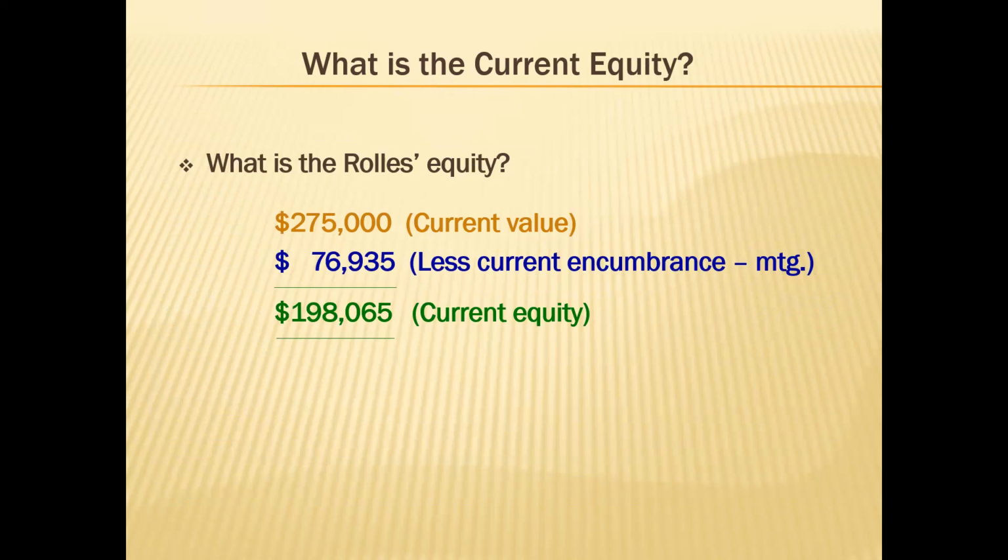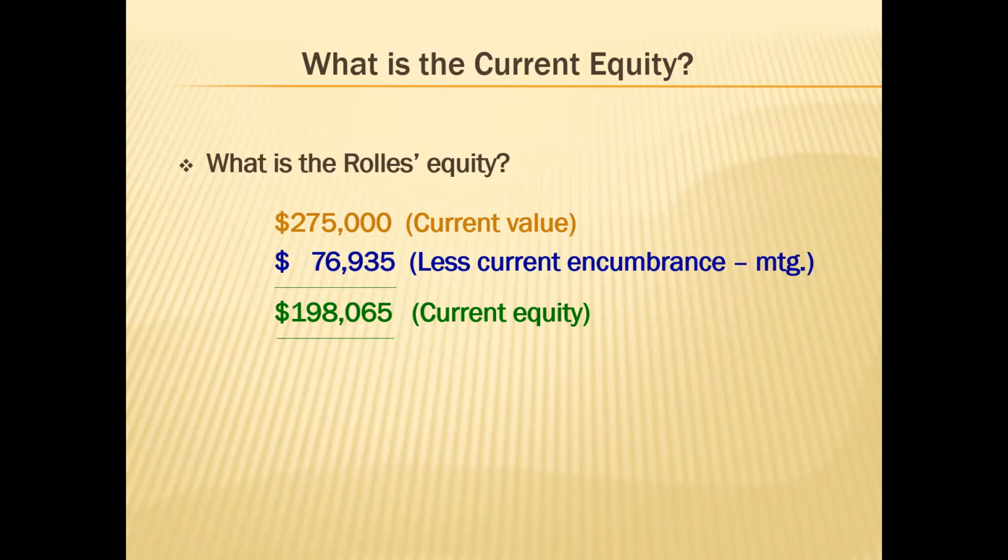Okay, so equity is what the owner, or the person who's borrowing, owns in the property as a dollar value, whereas LPC or LPV is a percentage. It tells you how much they owe as a percentage of the overall property value, current value.